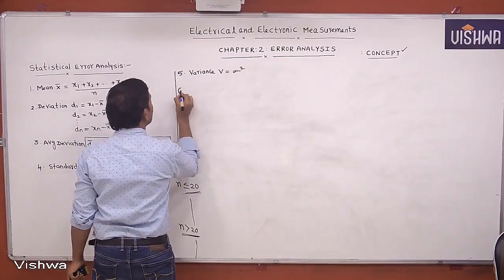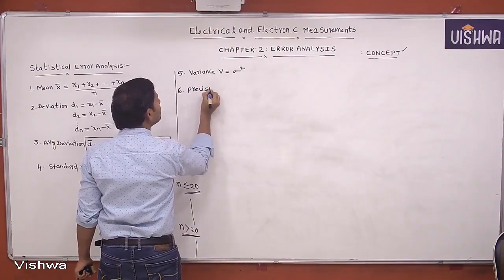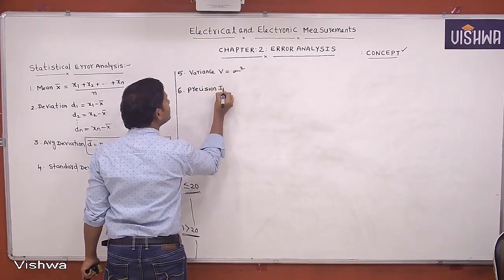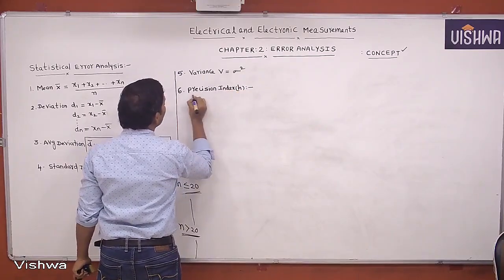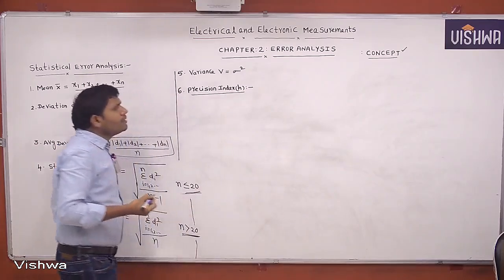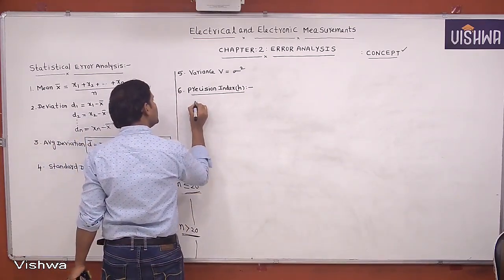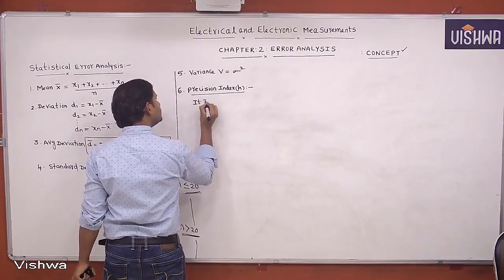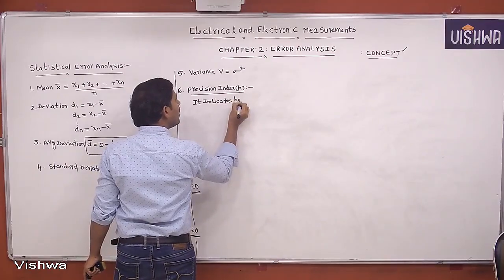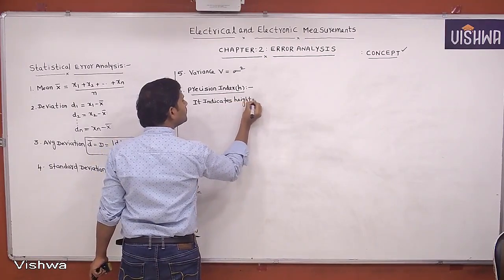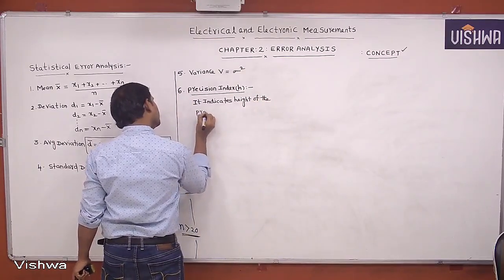Then precision index H. What is the significance of precision index? It indicates the height of the probability curve. The significance is it indicates the height of the probability curve.